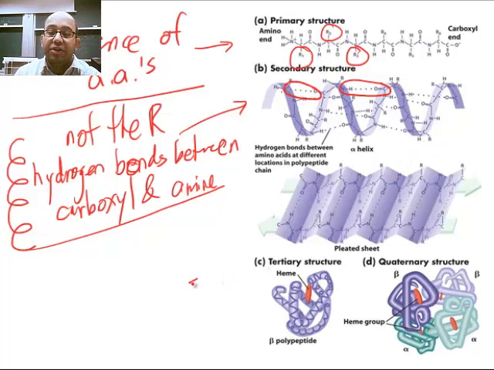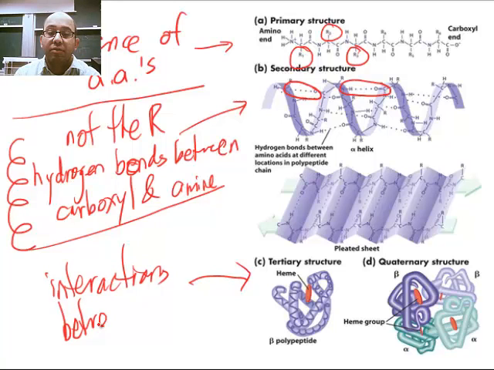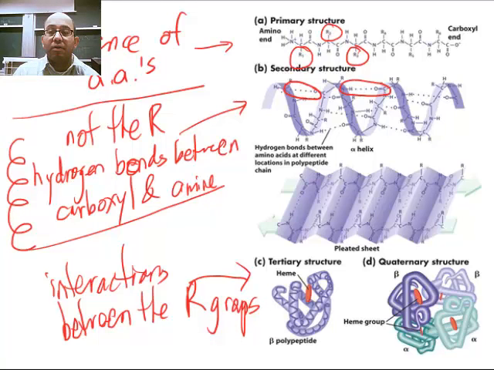In the tertiary structure, you have interactions between the R side chains. So there are interactions between the R groups. And on page 208 at the bottom, it talks about the different kinds of bonds that can form between the R groups.